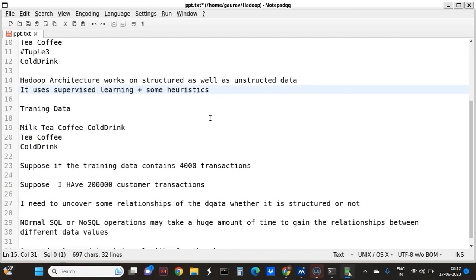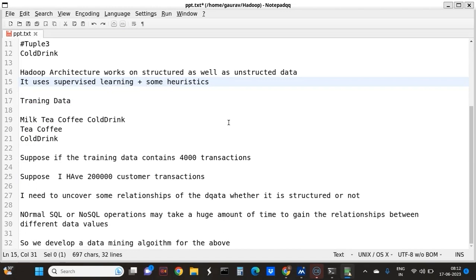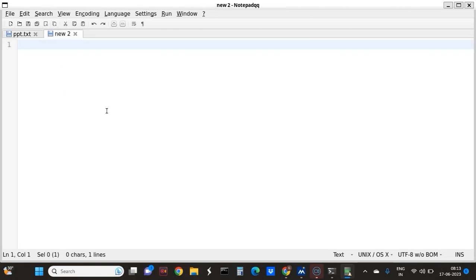So what happens in the association rule mining algorithm? Before that, we will see what training data is. Training data is again data of transactions. So now that we have covered the basics, we will see four terms.